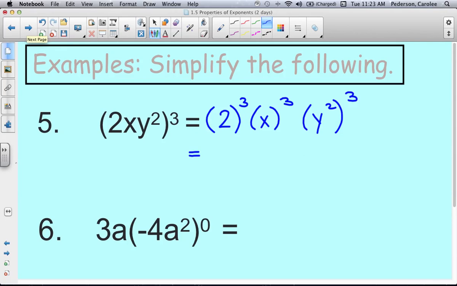And then remember, 2 times 2 times 2 equals 8. And then x times x times x is x to the third. This last piece is the power to the power rule. That says y squared times y squared times y squared is y to the sixth. I multiply those two exponents together. So 2 times 3 is 6.